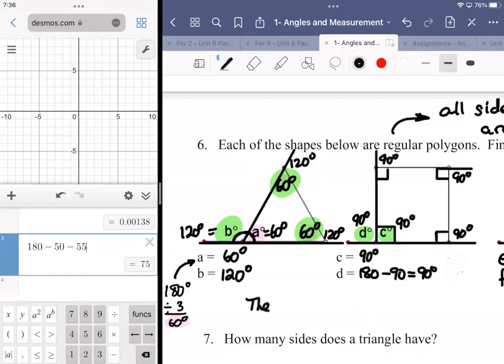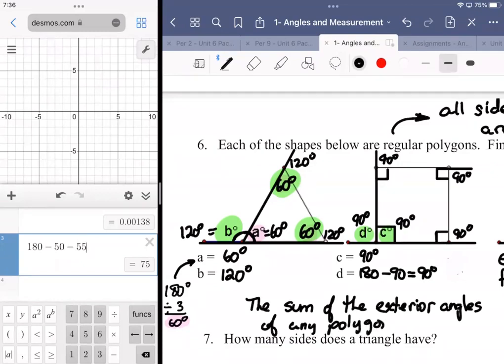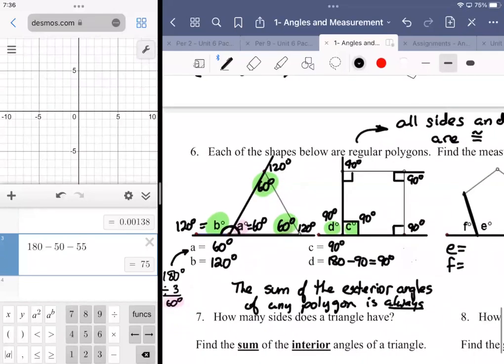The sum of the exterior angles of any polygon is always 360 degrees.